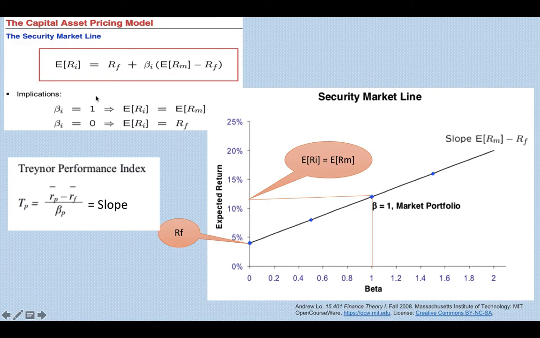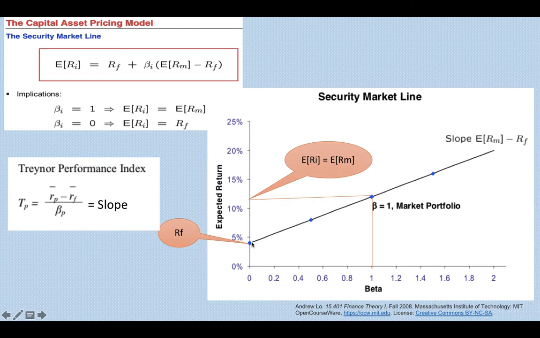When beta equals 0, the security return is just equal to the risk-free rate. Well, it makes sense. If there's no risk in the security, then it just gives me the risk-free rate, the government bonds or government T-bills.